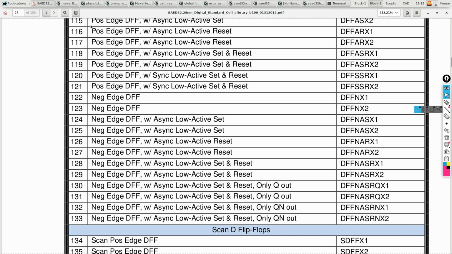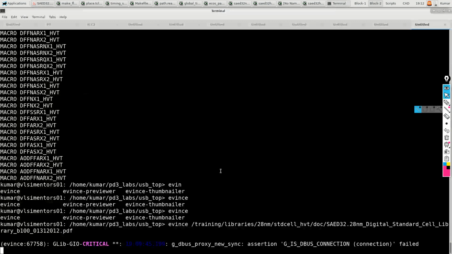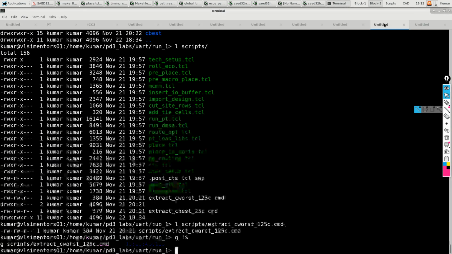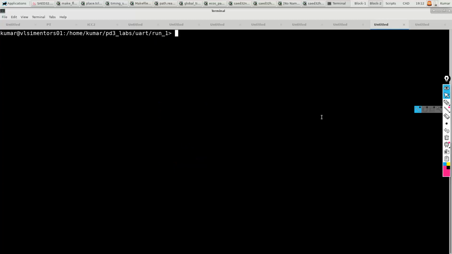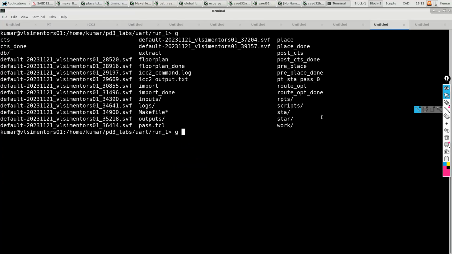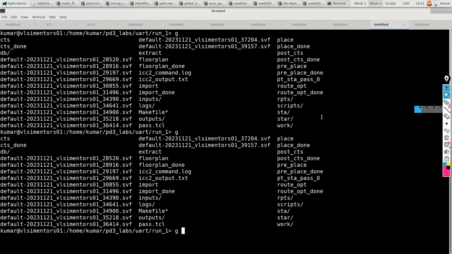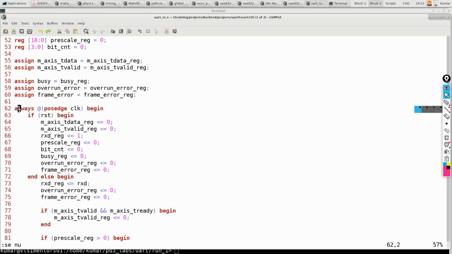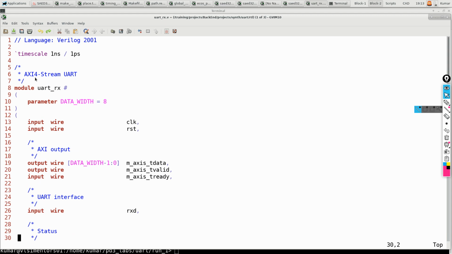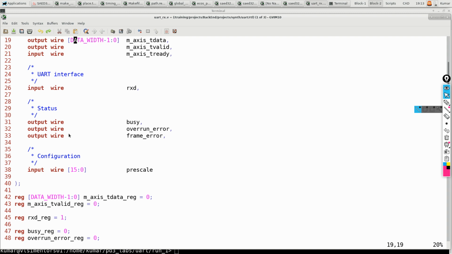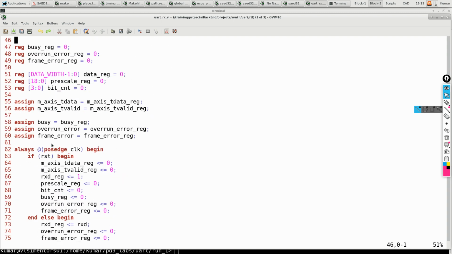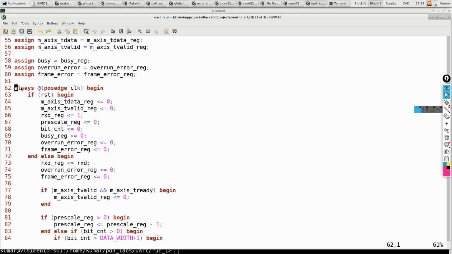Now, if you look at your design part, this is your RTL, which was developed by designers, neither you nor me. So we don't work on this. It was developed by the front end designers.